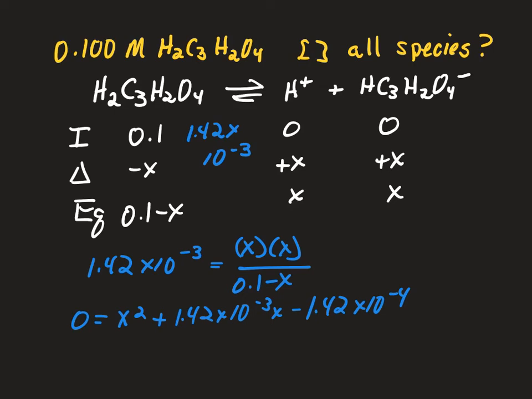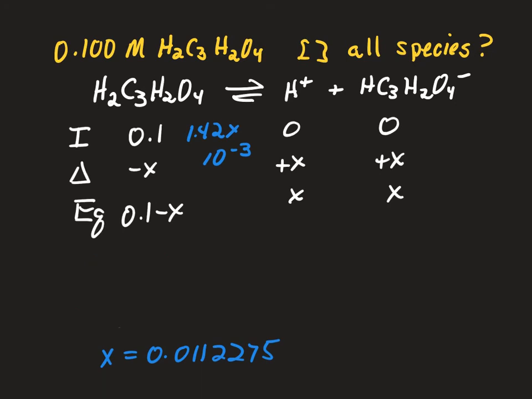And if you work that out, take that through the quadratic, you get that X is equal to 0.0112275, keeping extra significant figures there.